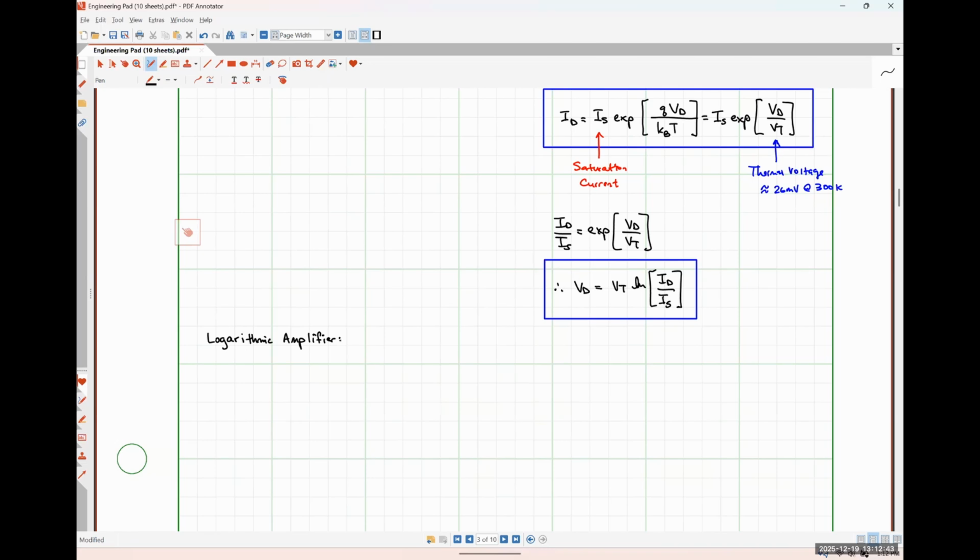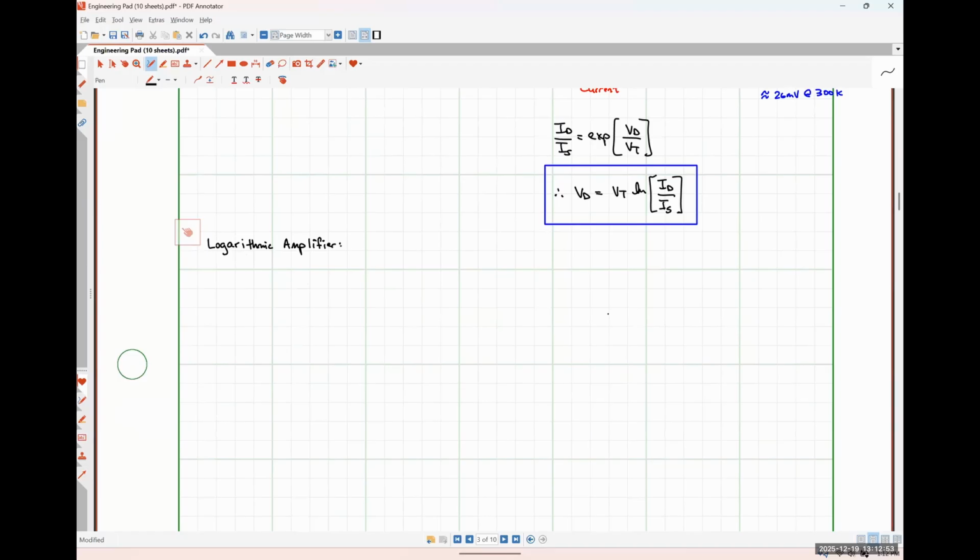So in a logarithmic amplifier, it's essentially just an inverting amplifier where our feedback path is established by a diode. Okay. So something akin to this. Here's some resistor R.